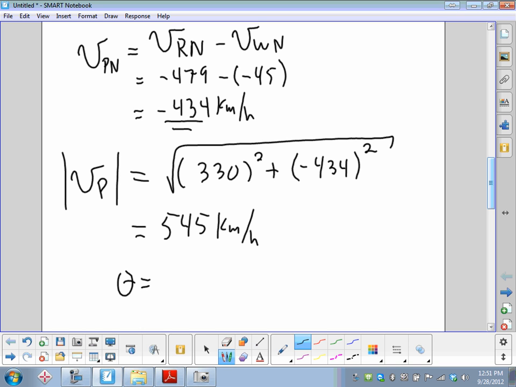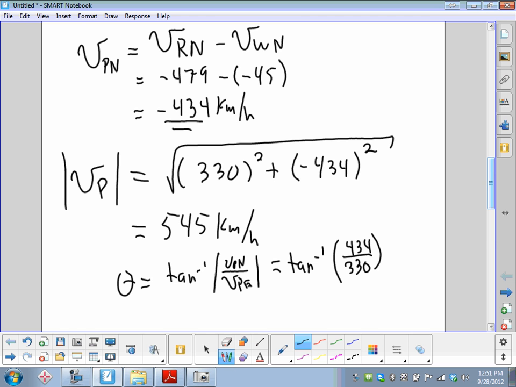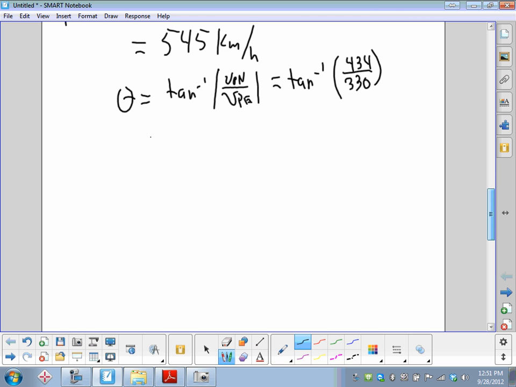Now the key for this is how we direct it considering the wind, and that is calculated through the inverse tangent of the northern component of the plane's velocity over the eastern component. Tan inverse of 434 over 330. And it comes out to be 53 degrees.